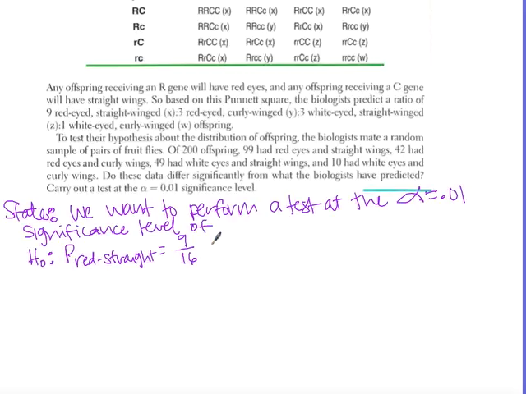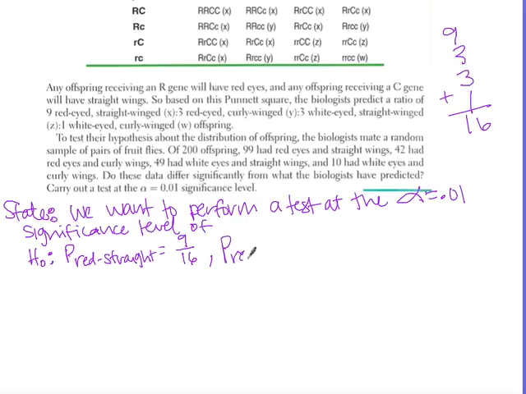All right, now the reason I got 9 out of 16 is because here it said that they had 9 red-eyed straight-winged, 3 red-eyed curly-winged, 3 white-eyed straight-winged, and 1 white-eyed curly-winged. And so if I added all of those up, I would get 16. I know that there's 9 of them that have red eyes and straight wings.